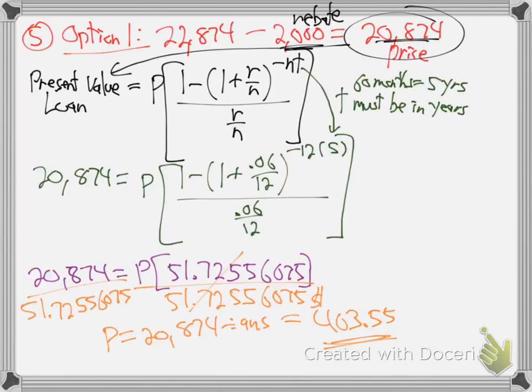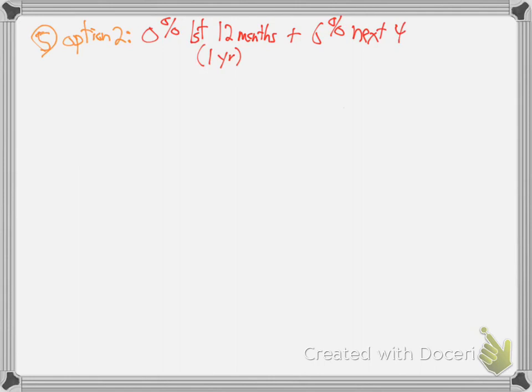So number 5, option 2. Option 2 is 0% for the first 12 months, which is 1 year, plus 6% for the next 48 months, 4 years.